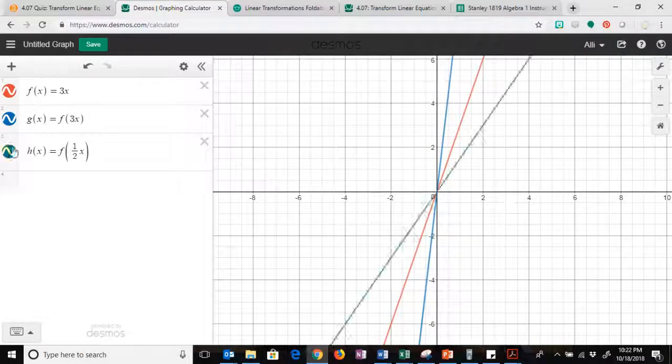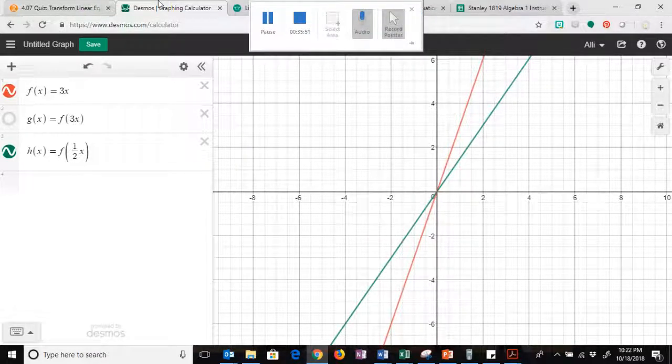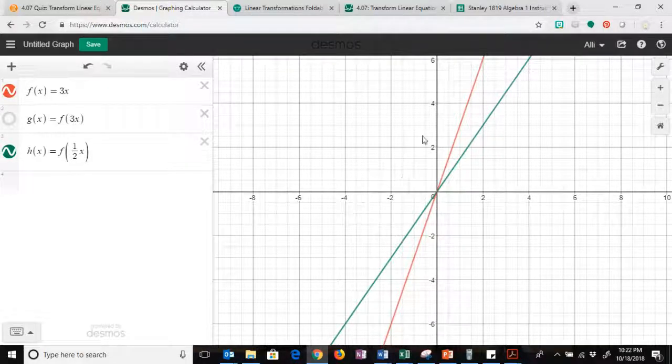Then, as opposed to compressing it, if I'm stretching it, sorry, I'm pulling it apart in the x direction, it's expanding, or my slope is getting less steep.